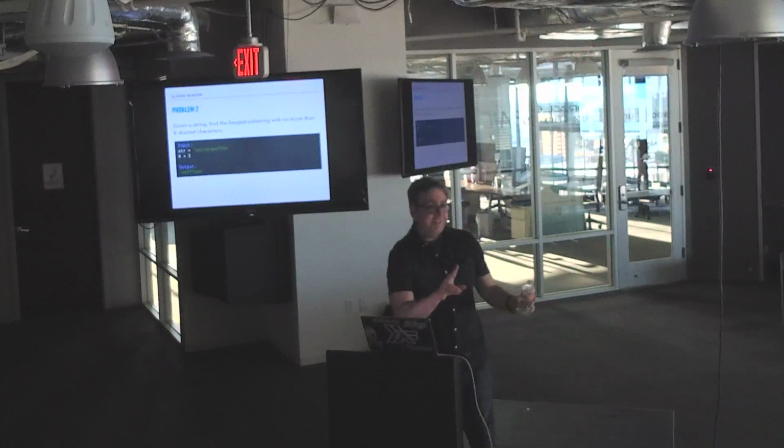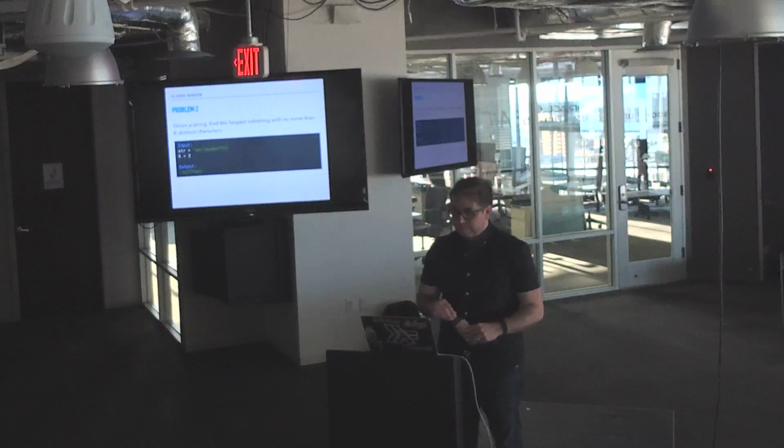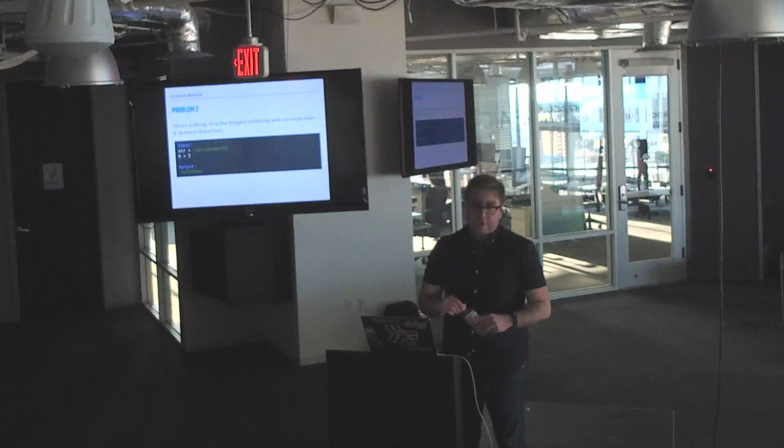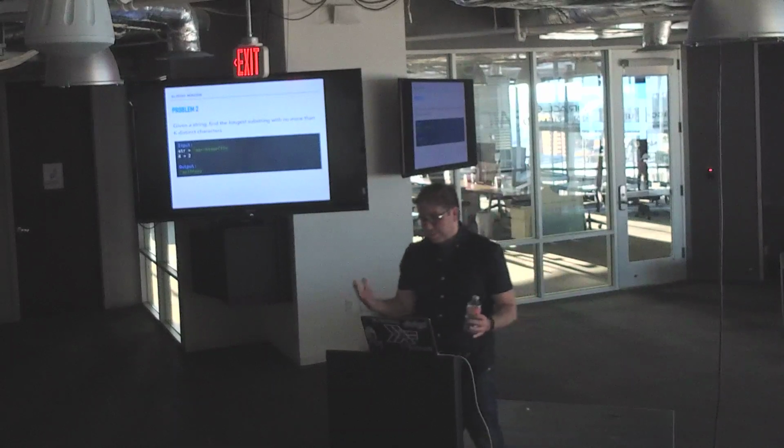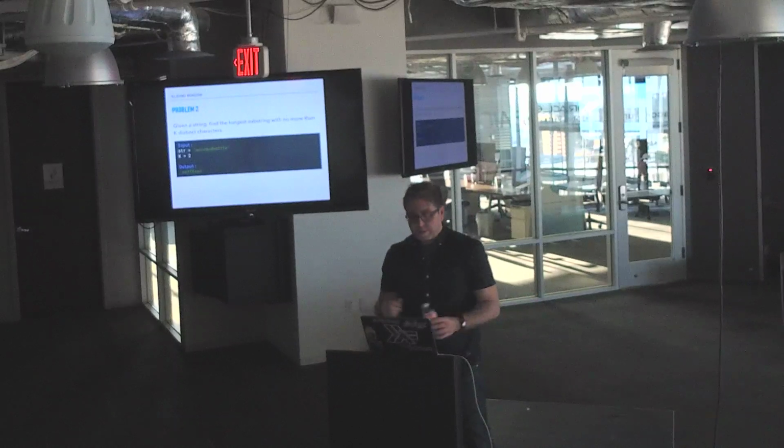I'm sorry, it says no more than k distinct characters. So it's 2. Less than or equal to. Okay. No more than 2. If that's the case, then we would just cut off the F at the end. No, because that still only contains E and F, right?